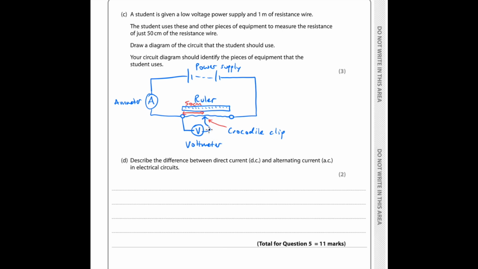You don't want to put that voltmeter across the full 1 metre. So that's where they're trying to catch you out. And obviously to get the resistance, it's Ohm's law rearranged, R equals V over I. So you knew that you were going to have to measure the voltage, and we do that with the voltmeter, and measure the current with an ammeter.